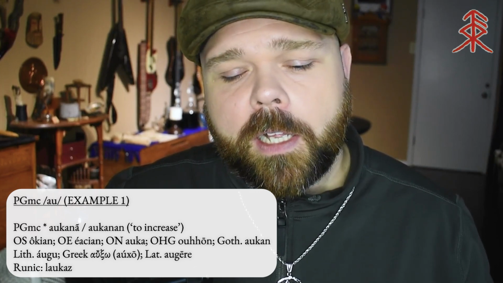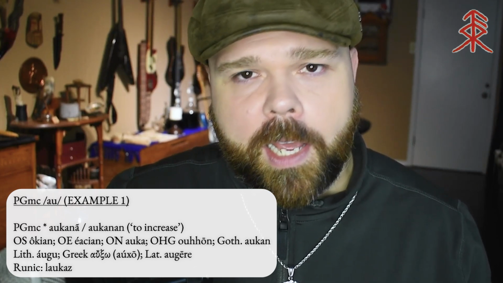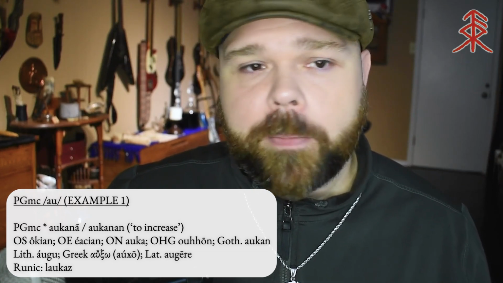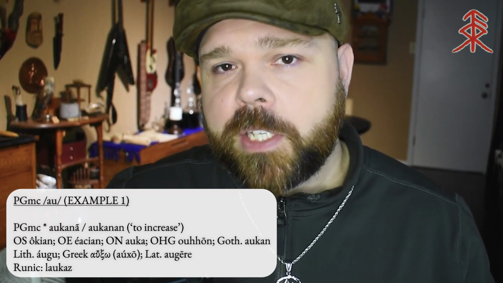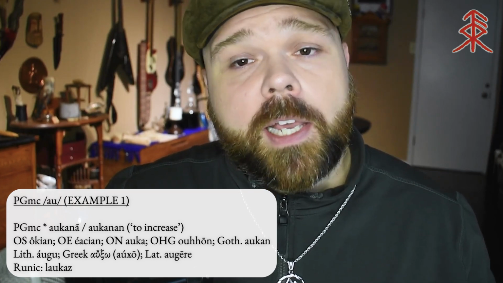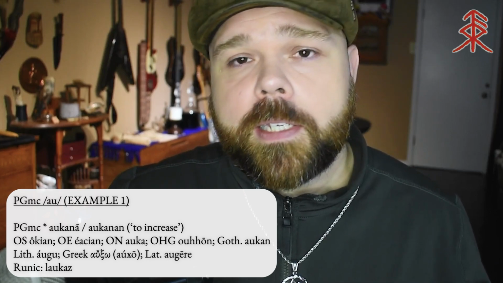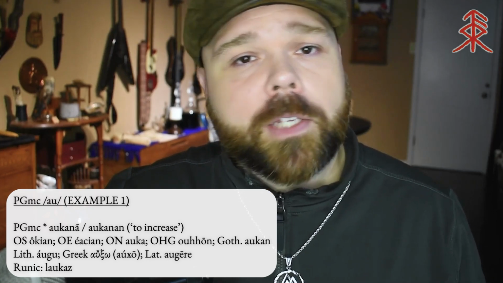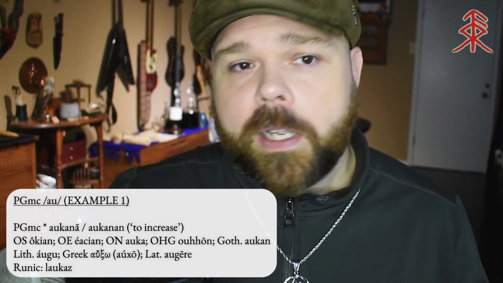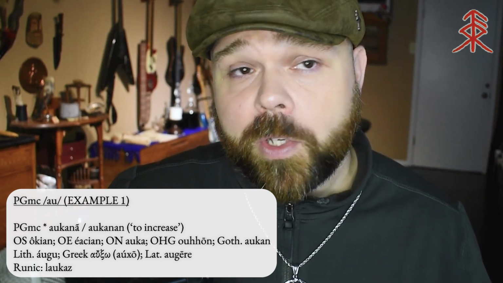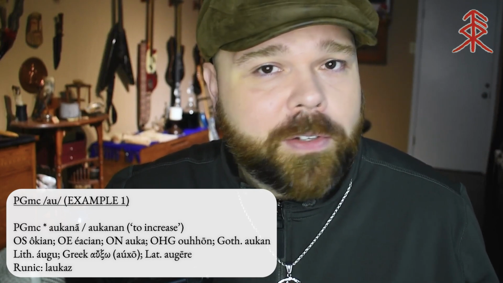Things like long O in Old Saxon, EA in Old English, OU in Old High German, those shifts must have been specific to those languages. As you'll see with the data I'm going to show you throughout the video, it's true. You're going to see those systematic shifts. That's what we want to look at. We want to look at typologies and systems. These videos are showing you how linguists know that words are related, and it's not just arbitrary.